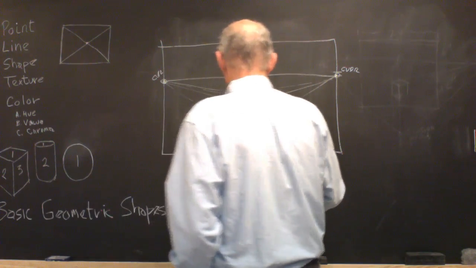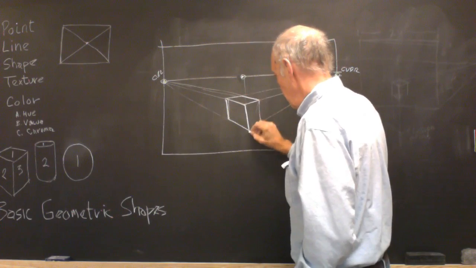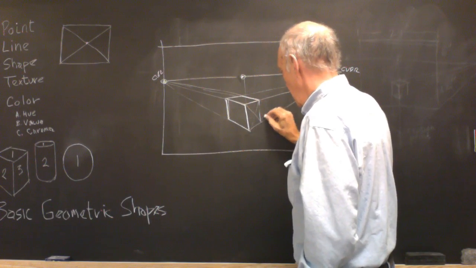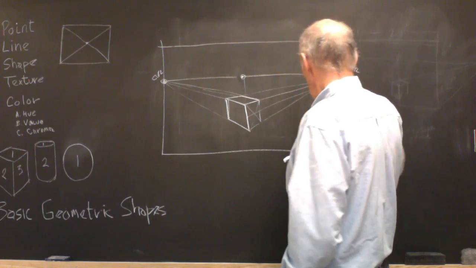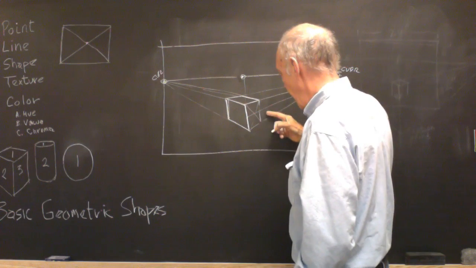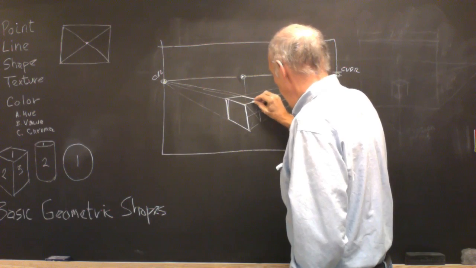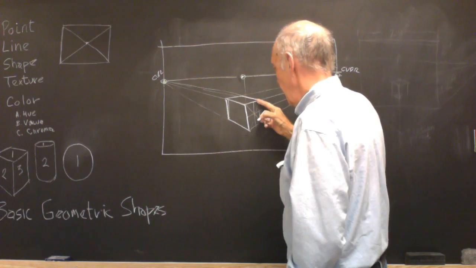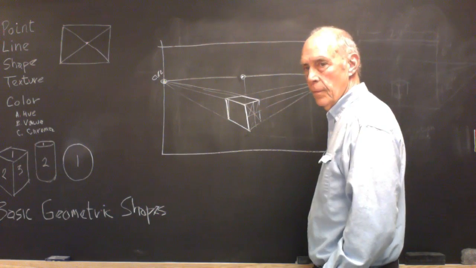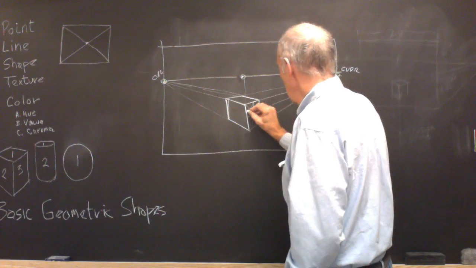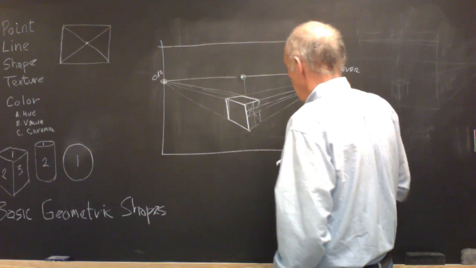Now what I'm going to do is X this and draw a set of parallel lines over here which cuts this in half, and a vertical line which cuts that in half. Then I'm going to X this one right here. And I'm going to cut that one in half.